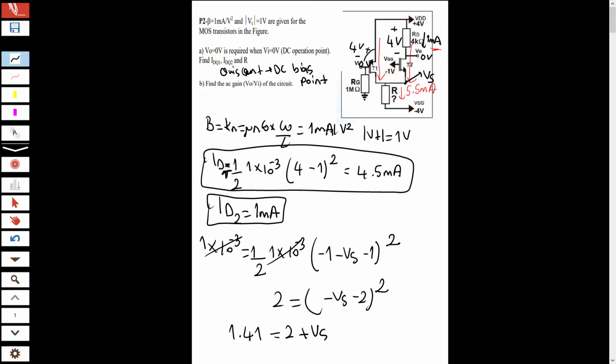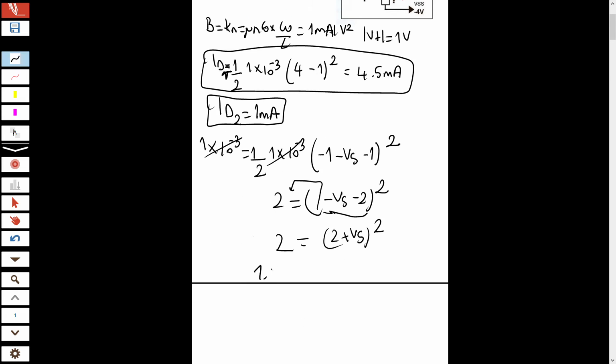Inside is negative, and I am trying to make it positive, simply by multiplying with a negative term. So it is 2 plus V source, squared, equals 2, so 1.41 equals 2 plus V source.